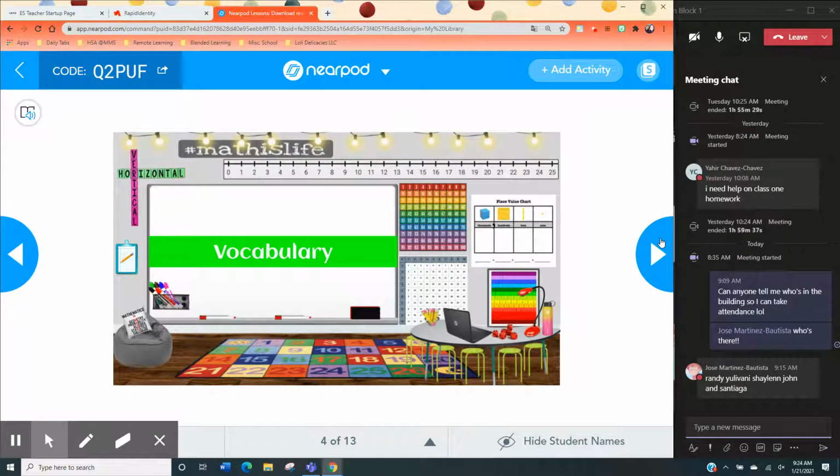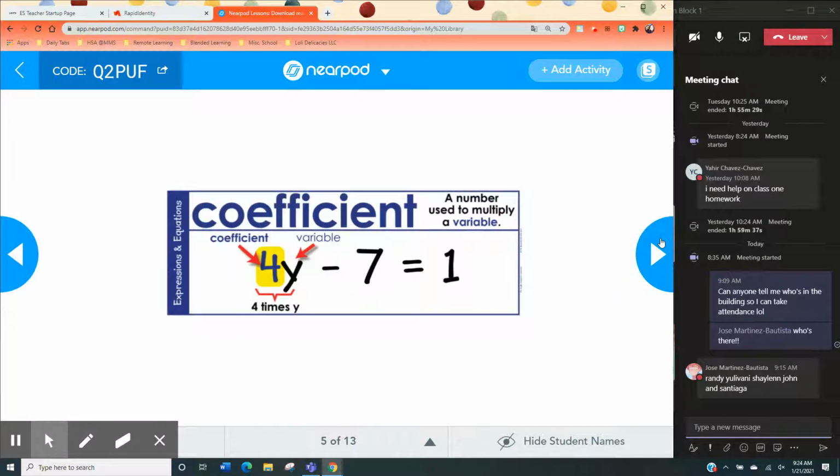Let's look at some vocabulary. Our first word is coefficient. Yes, we've already gone over the word coefficient. I wanted to make sure that you are aware of what it means because you will need it not only for this unit, but also for today's classwork.